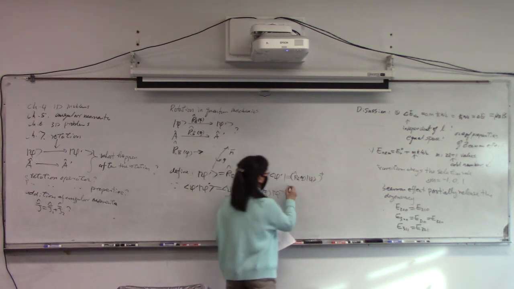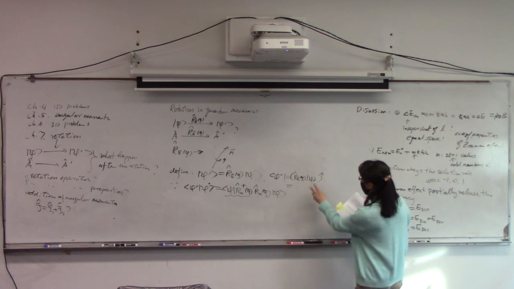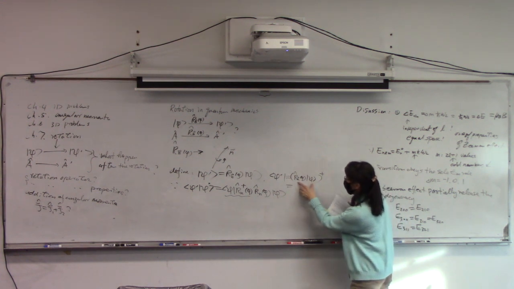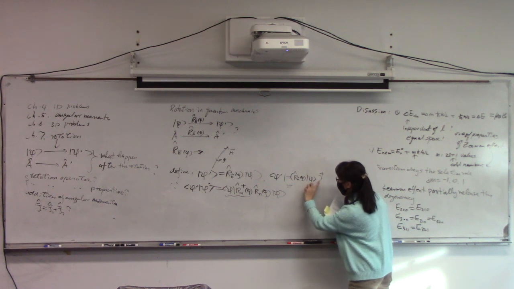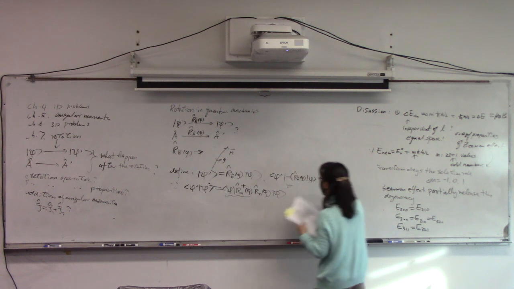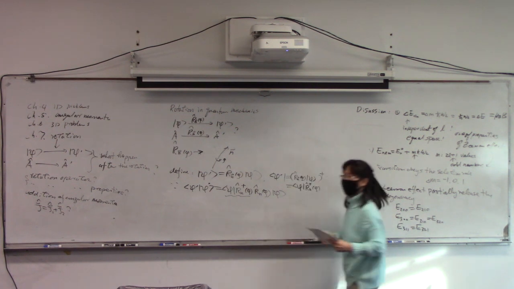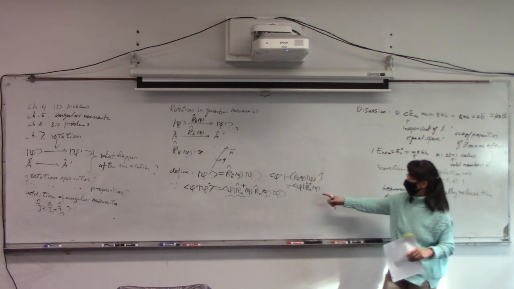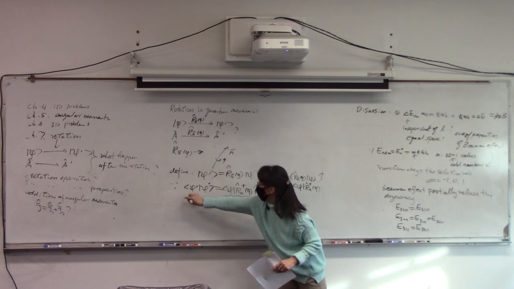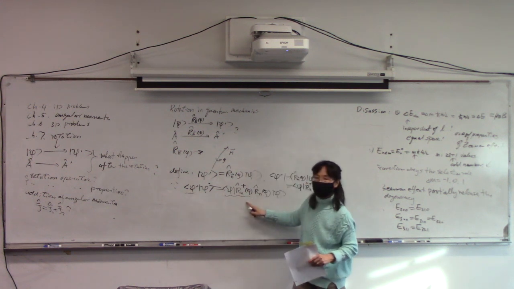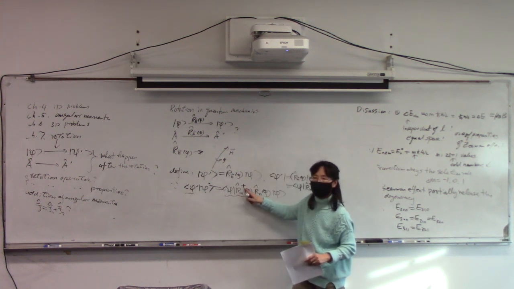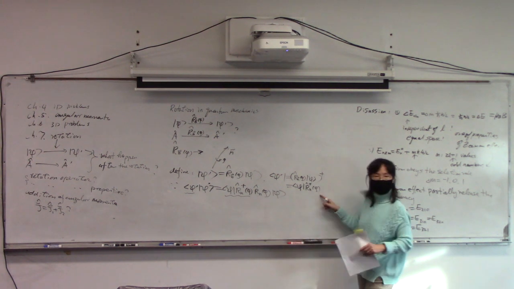When we take the conjugate of the operator, a ket becomes a bra, and the operator becomes its conjugate. That is just to remind you, and that's why I write the dagger here.